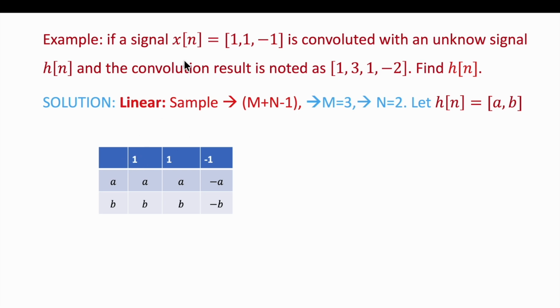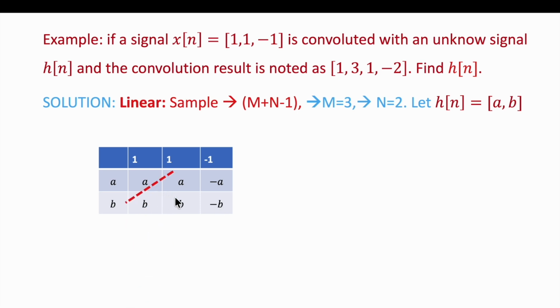So we again draw the table, and in the first row we insert the x of n values, which are 1, 1 and minus 1. And on the column we put the samples in h of n, that is a, b. You multiply the first sample with the first row, so the answer will be a, a, minus a, and then the second sample with this row, the answer will be b, b, minus b.